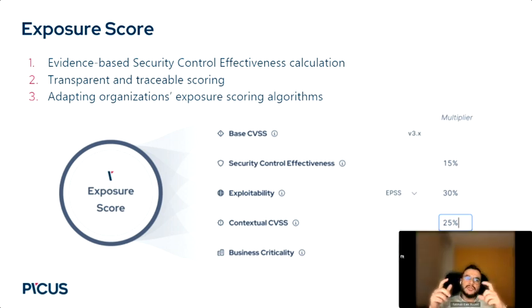In the contextual CVSS and the security control effectiveness, you consider those also, because if an asset sits on the internet-facing side of the network, it's much more exploitable. So I don't need to bypass another security control to reach it. Right. So in this calculation, internet accessibility is baked into the exposure score, because the exposure score uses different elements of the Picus platform.